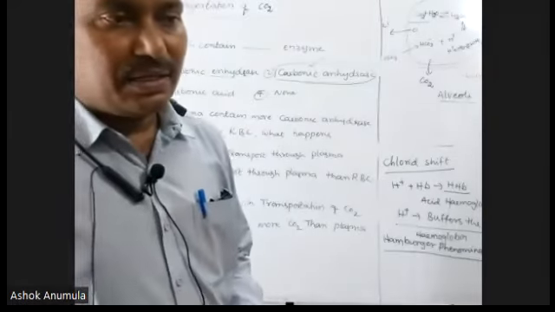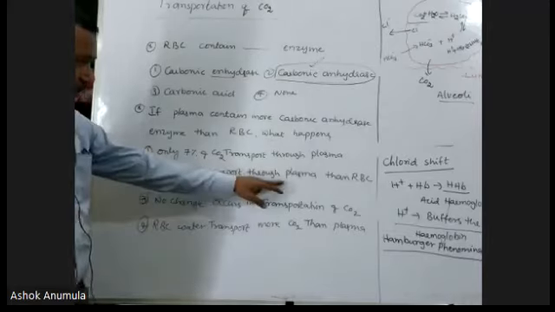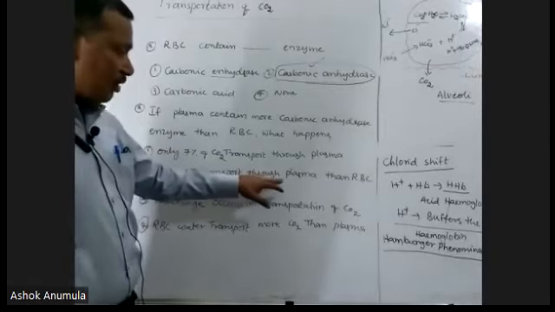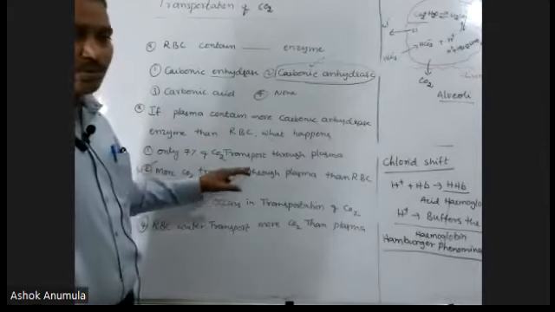Sir, I didn't understand the second option. It is telling that more carbon dioxide is transported through plasma than RBC. Why? Because carbonic anhydrase is present in plasma in more amount, that's why more carbon dioxide is transported through the plasma.